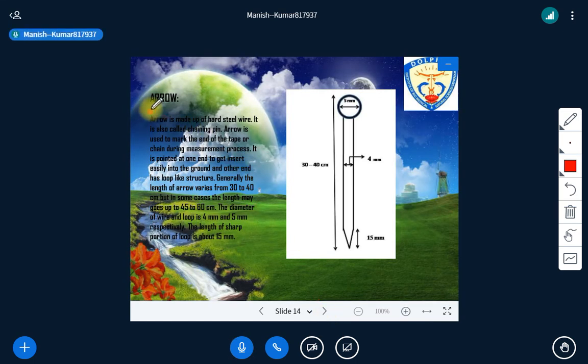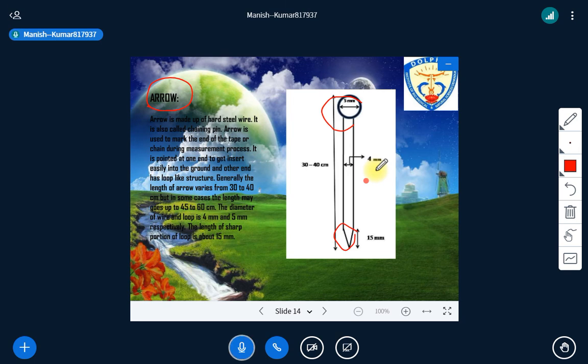Now the next instrument is the arrow. This arrow has to be used while we are conducting the chain survey. This is the structure of the arrow, you can see clearly. There is one sharp end, and at the other end there is a loop.